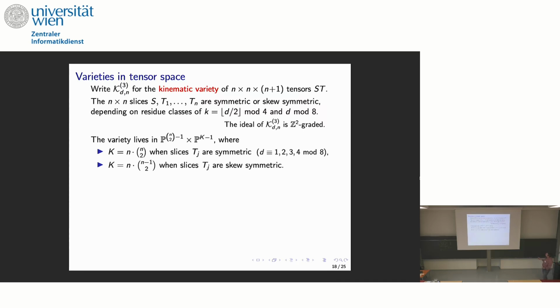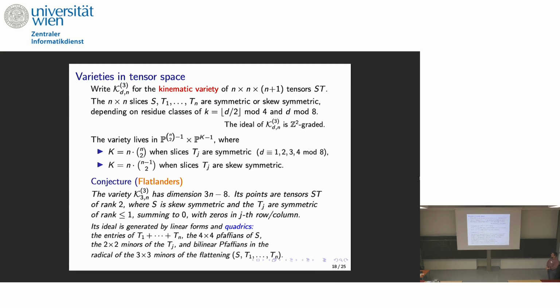I'm going to be interested in the ideal. This is now a variety living in the product of 2 projective spaces. The first projective space for the order 2 brackets, the second projective space for the order 3 brackets. So there it lives, depending whether the slices are symmetric or skew-symmetric. And there's a conjecture.